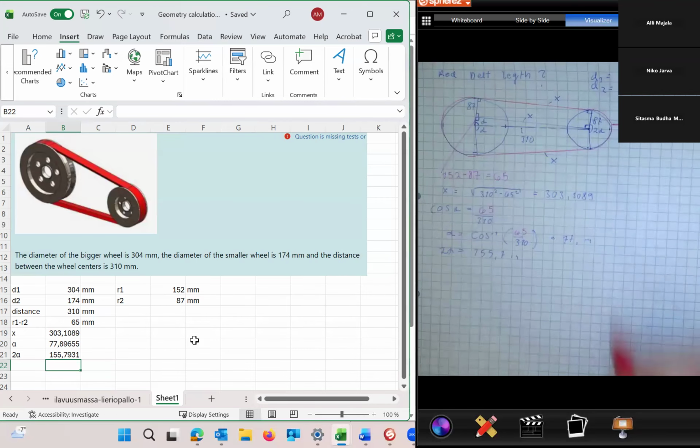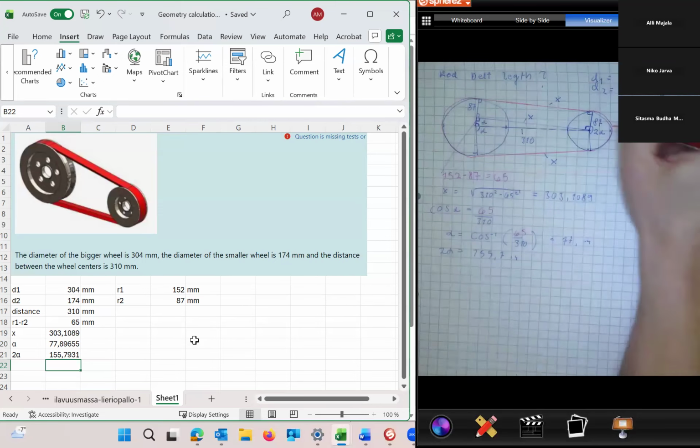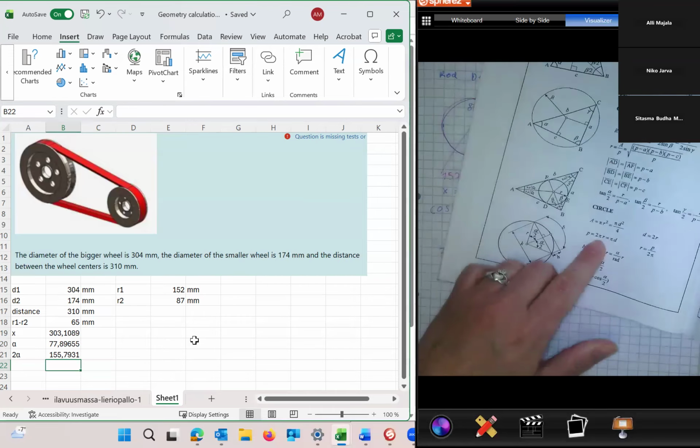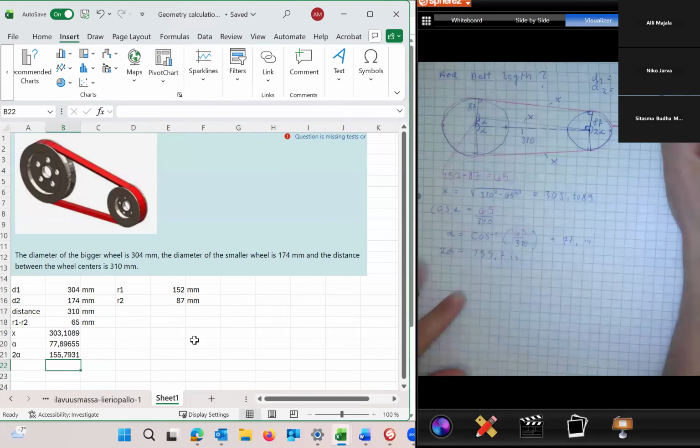But my 2 and my alpha look exactly the same. Divided by the whole circle, times, if I do it with the R, 2PR, the whole length of the circumference.